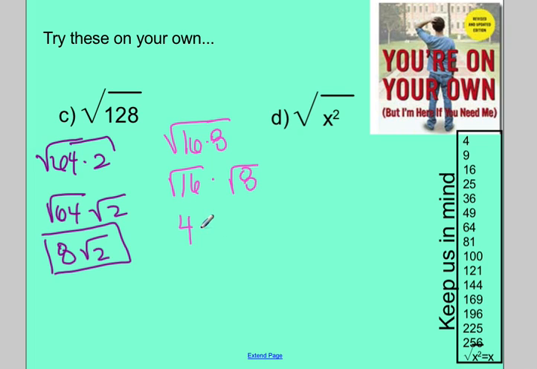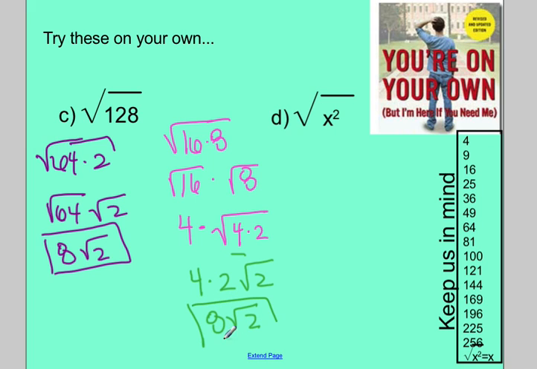The biggest thing you need to remember is square root of 8. Can I break that down any further? Yeah, it's 4 times 2. The square root of 4 is 2. So I'd still have square root of 2 underneath. And then I would have 4 times 2, so 8 square root of 2. Did I get the same answer? Yes, just 2 different ways of thinking about it.